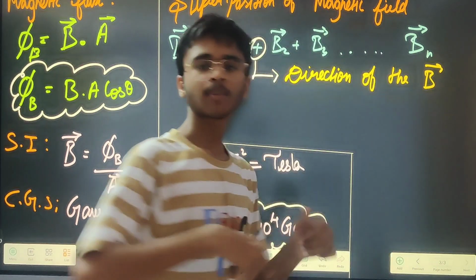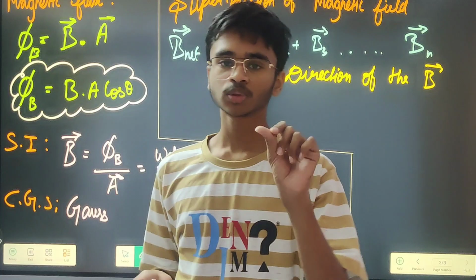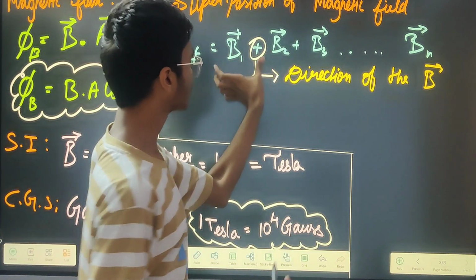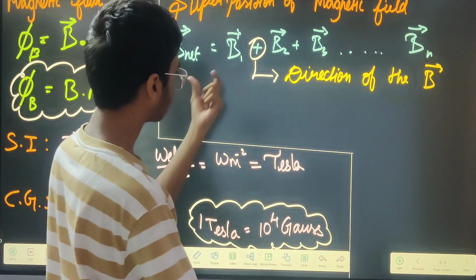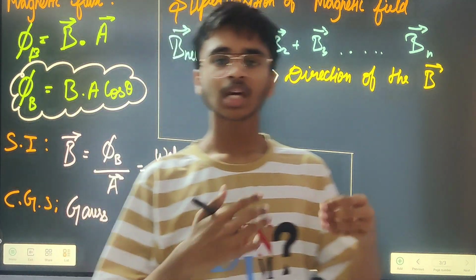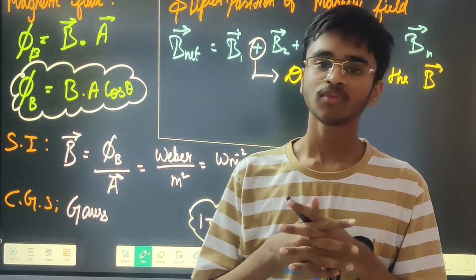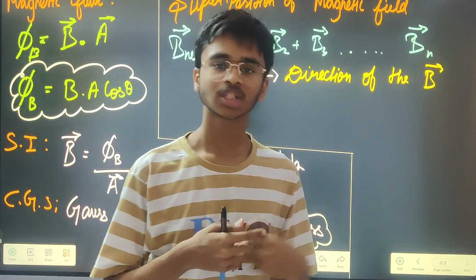If they both are anti-parallel, then we have to subtract these two. For example, consider these two magnetic fields. If they are opposite in direction, we have to subtract. If they are in the same direction, we have to add.